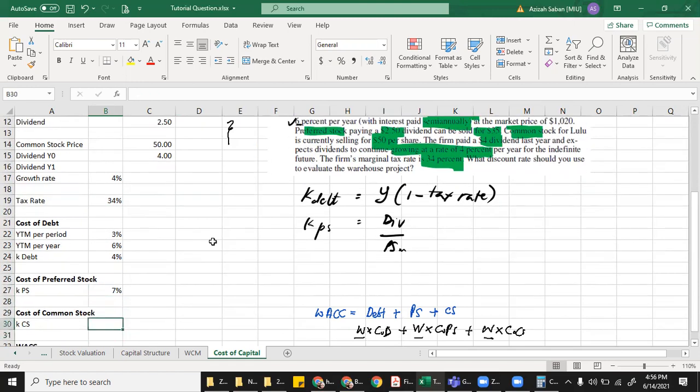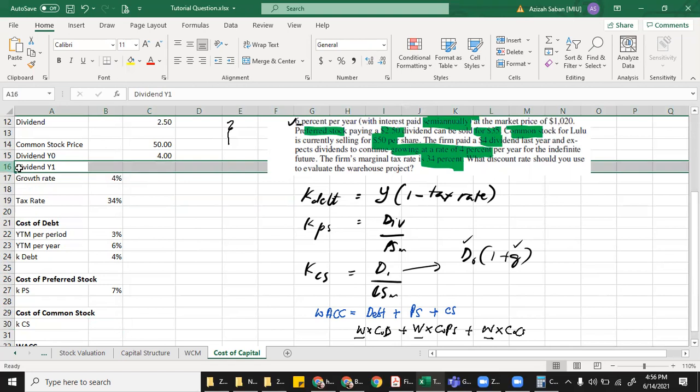Next, common stock. The formula for K of common stock is D1 divided by the common share market price. So we have to calculate what D1 is. D1 is D0 multiplied by 1 plus G. We do have G and D0, so we calculate the dividend in time 1.